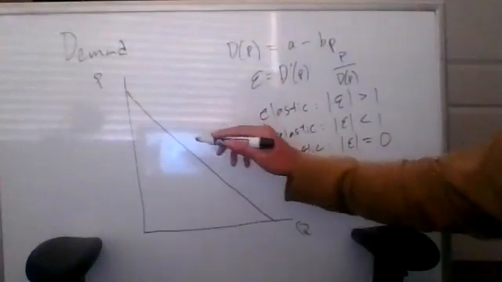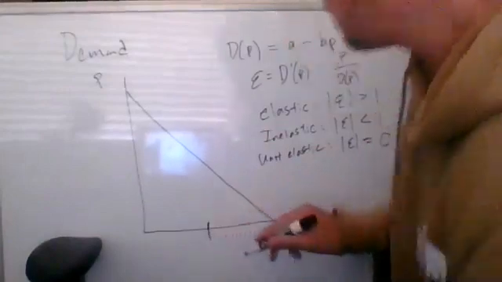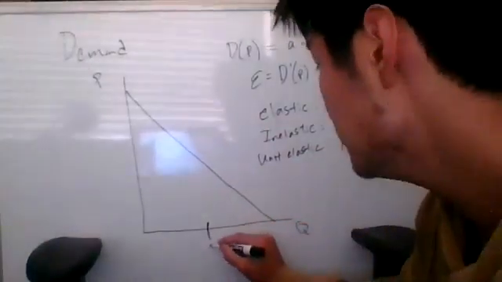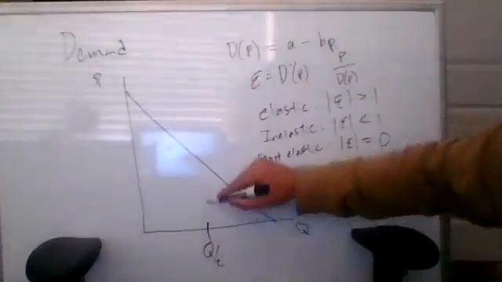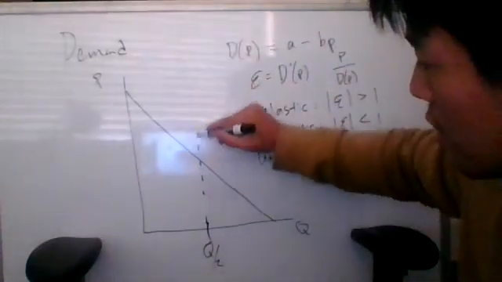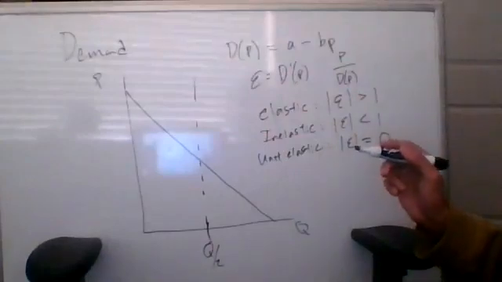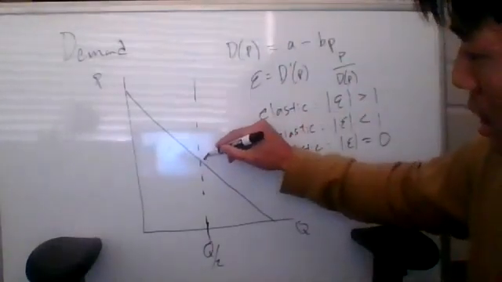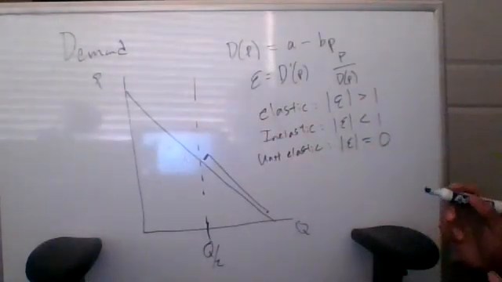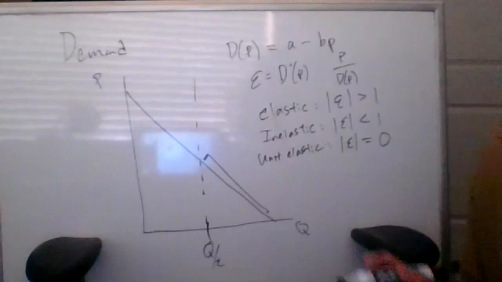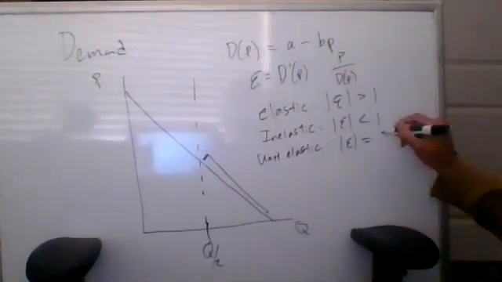So we have our graph right here, and we're going to split this up into 2 halves. So this is Q over 2, just the midway point of our demand curve, right? We're going to say that anything on this end right here is going to be inelastic. Or whoops, my bad, this should be 1.